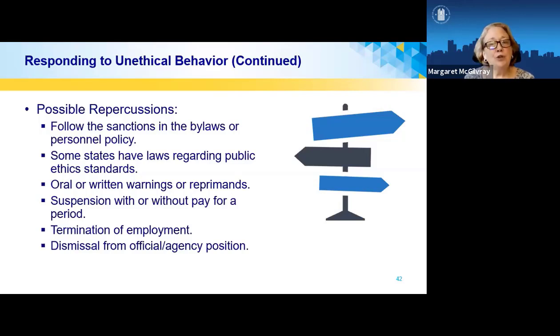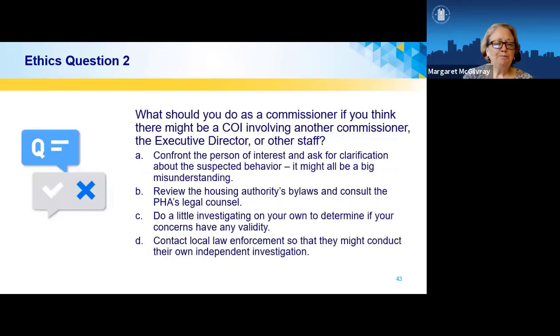And in terms of sanctions, it could run from oral or written warnings to suspension from the board or, on the part of employees, suspension from work or suspension of pay, termination of employment, and ultimately potentially dismissal from your official capacity.